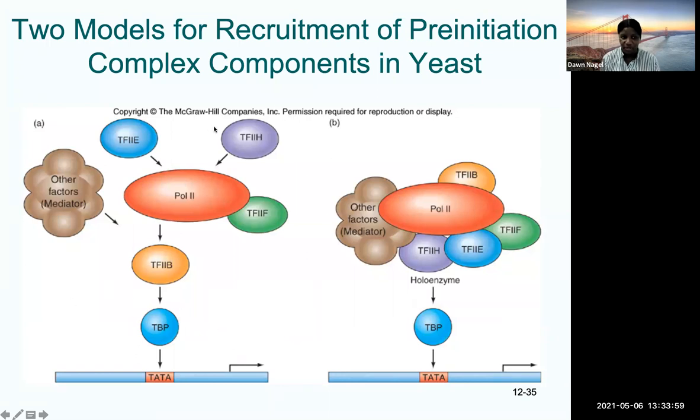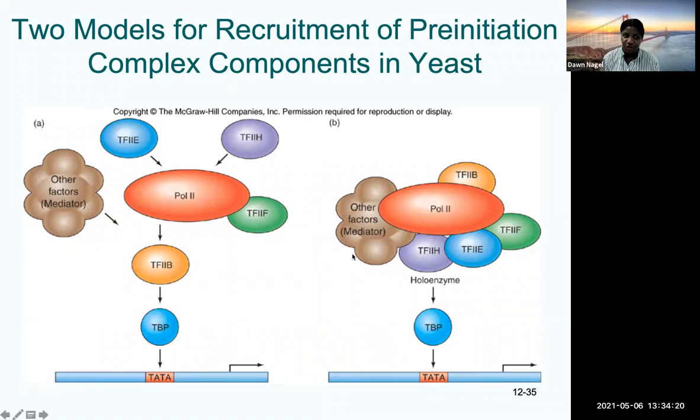Okay, so they come in stepwise, or they already assemble, and then everything gets recruited by TBP down to that promoter. So these are just the two models that we have observed in yeast, and it just depends on the promoter that you're looking at.